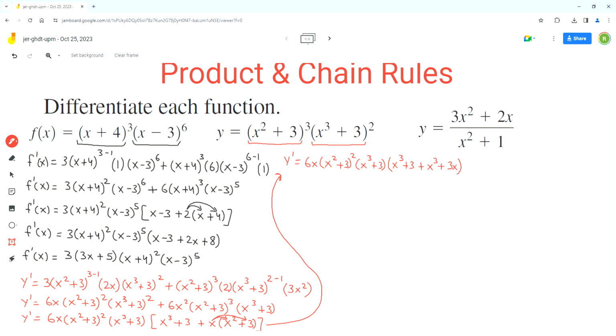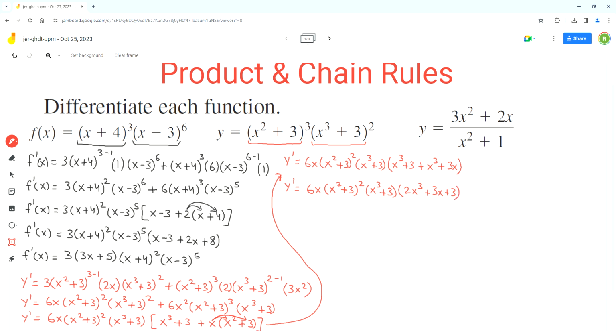So there is a very important step you need to understand and memorize. Now we can combine like terms in this last parentheses. So we get 6x times (x squared plus 3) squared, then (x cubed plus 3), and then (2x cubed plus 3x plus 3).